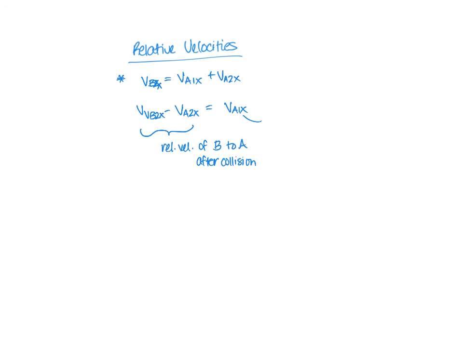And this one term is the negative of the relative velocity of B to A before the collision, because remember, before the collision we said that B was going 0. Now it turns out that we can still use this general conclusion and allow the object B to also be moving before the collision.